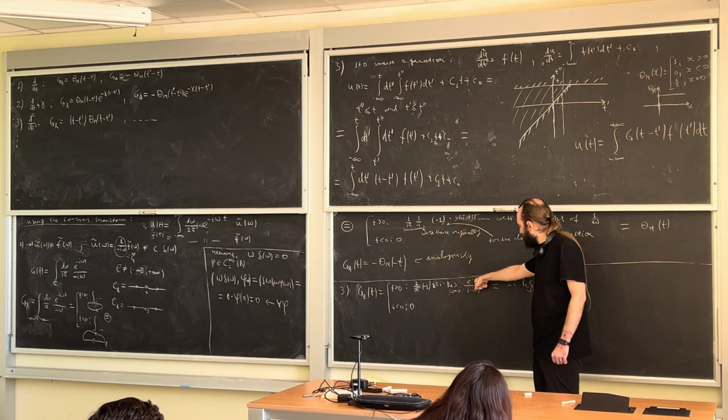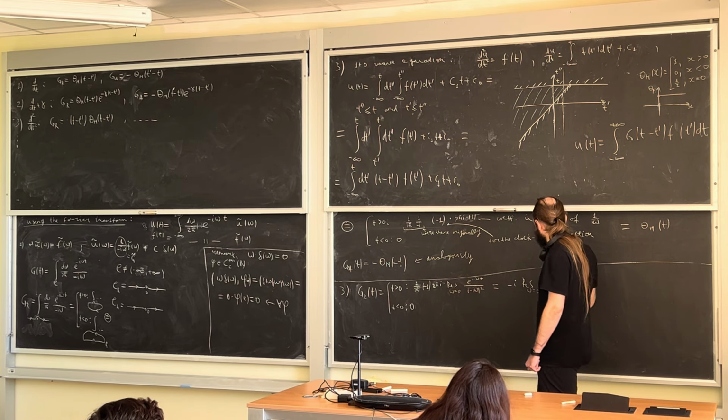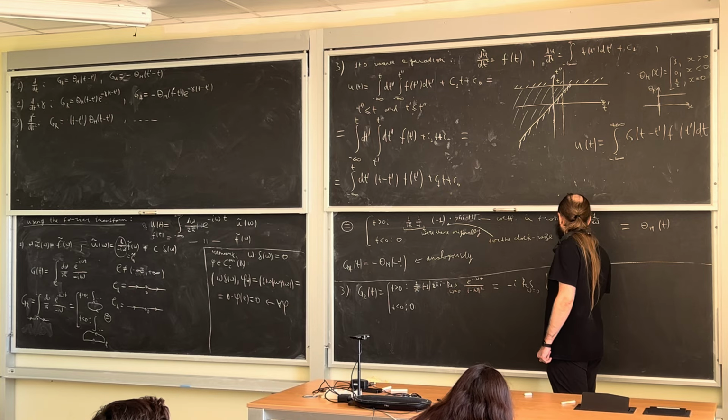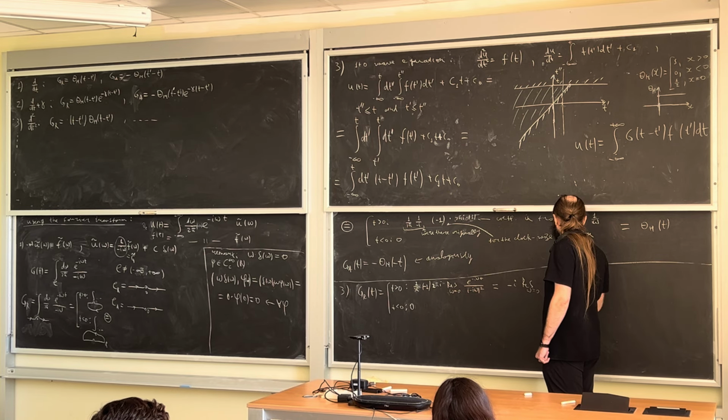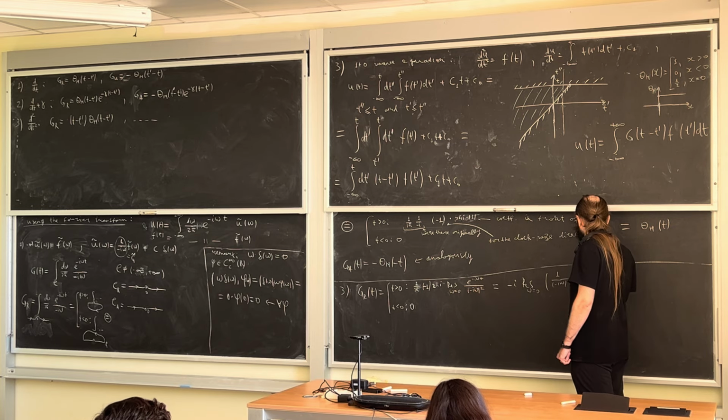So the only thing to expand is the numerator. Residue at omega equals 0 of 1 minus i omega t plus higher terms, times minus i omega.